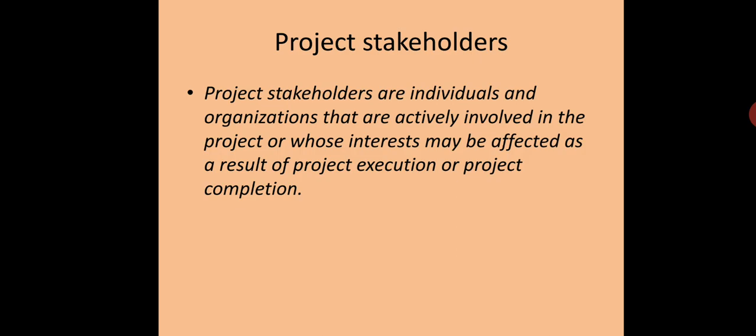So all the people who are directly or indirectly involved in a given project are called stakeholders. So the people who have some kind of interest or maybe get affected by some of the result of the project execution are actually termed as project stakeholders.